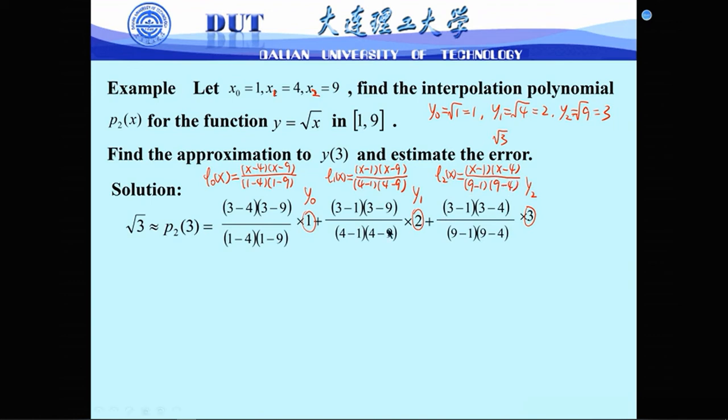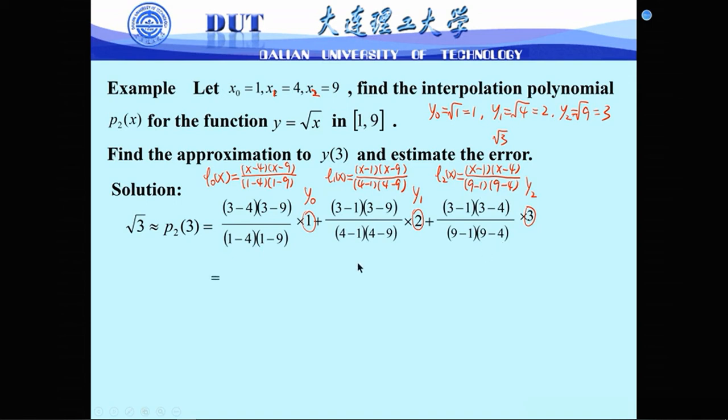Again, we replace x by 3 because we consider the function value at 3. So (3 minus 1)(3 minus 4) divided by (9 minus 1)(9 minus 4), multiply y2.